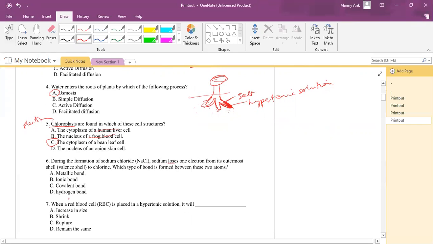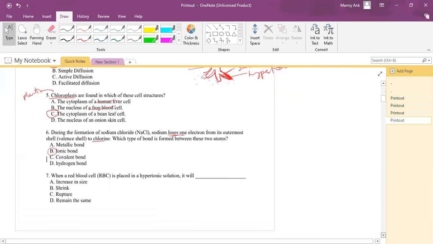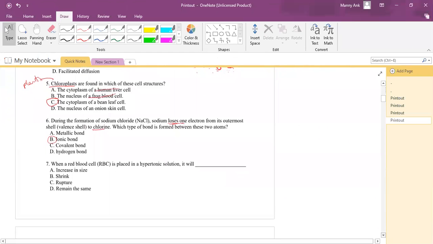Sodium is losing and the chlorine gains. So once you have a transfer, you form an ionic bond. Remember, covalent bond means the sharing of electrons, but that's not what we're having here. It's a transfer of electrons, so ionic bond.